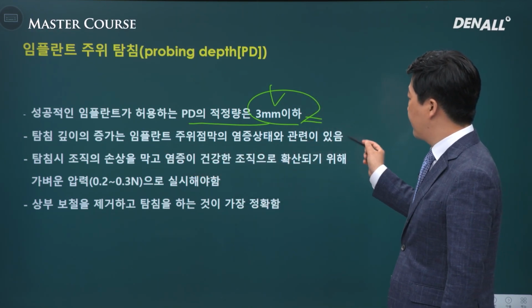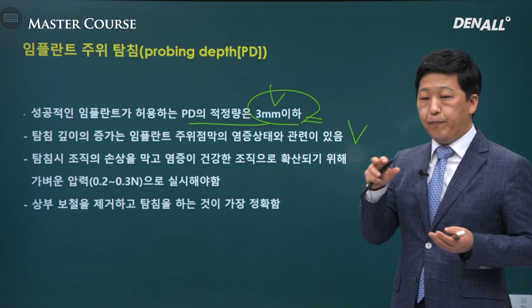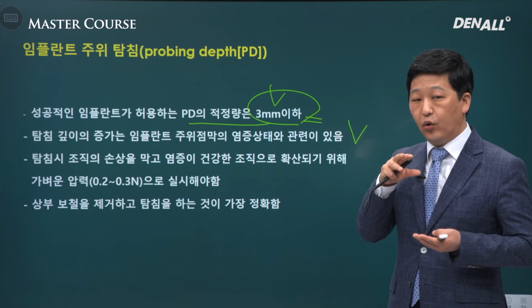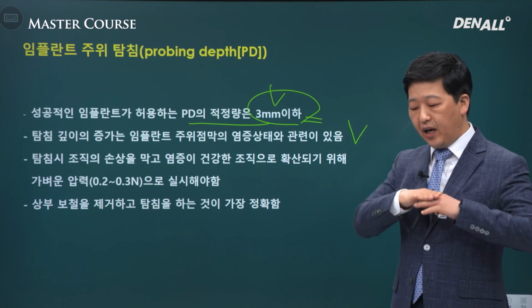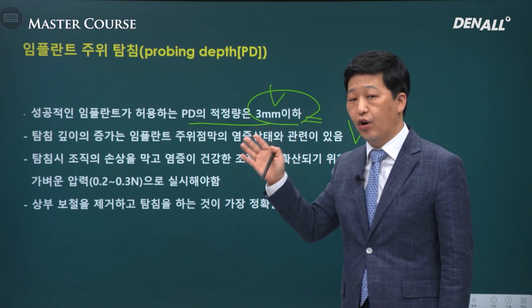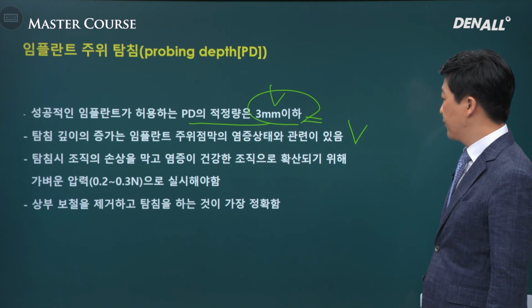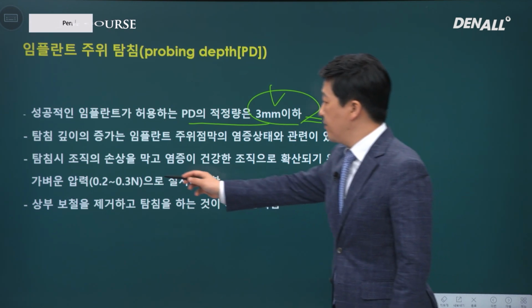Increase in probing depth can be related to mucositis around the implant. From the point where final implant prosthesis is completed, whether probing depth is increased or maintained can be more important. We need to look at the pattern. Rather than the absolute figure, we need to look at this.